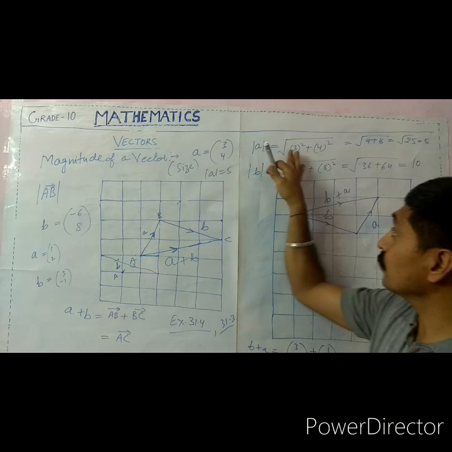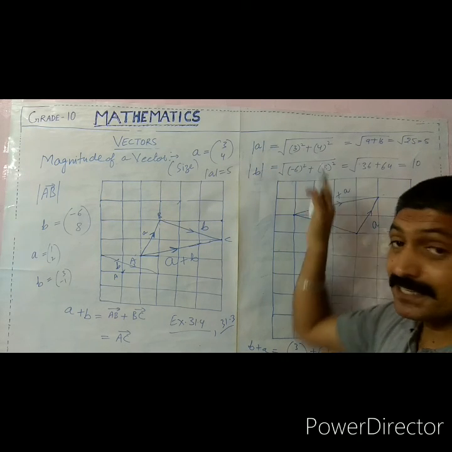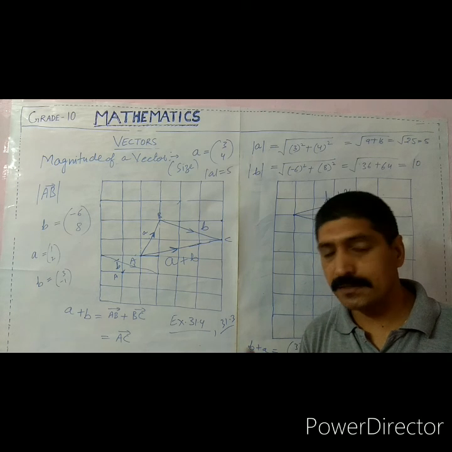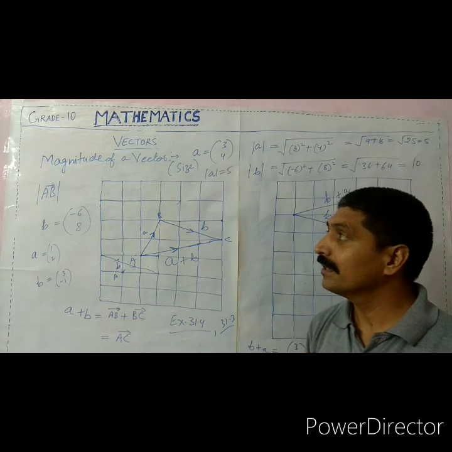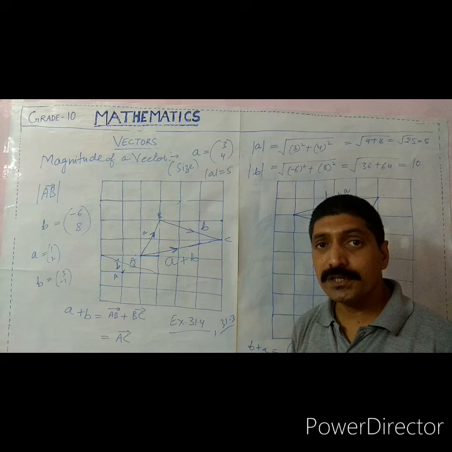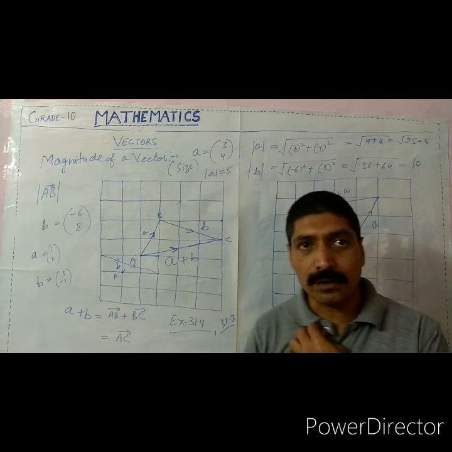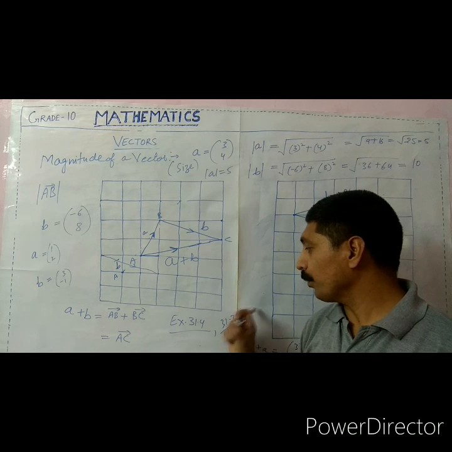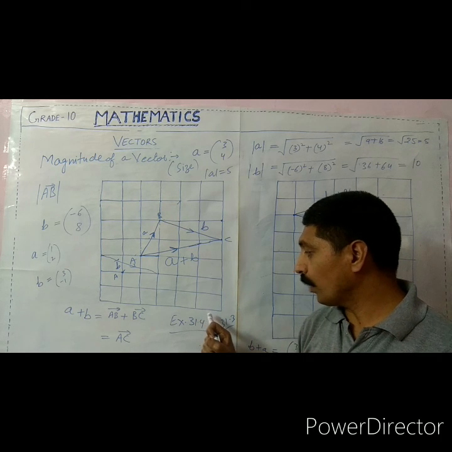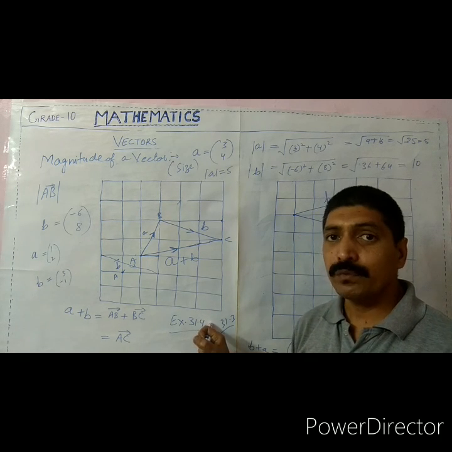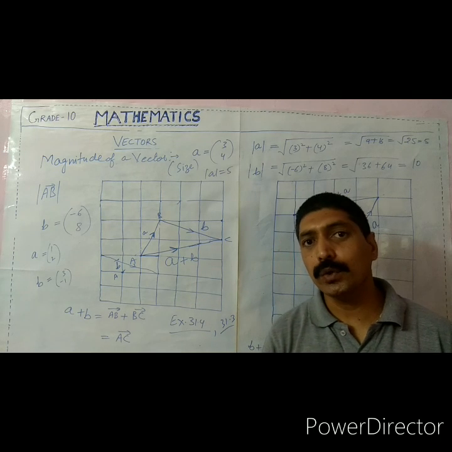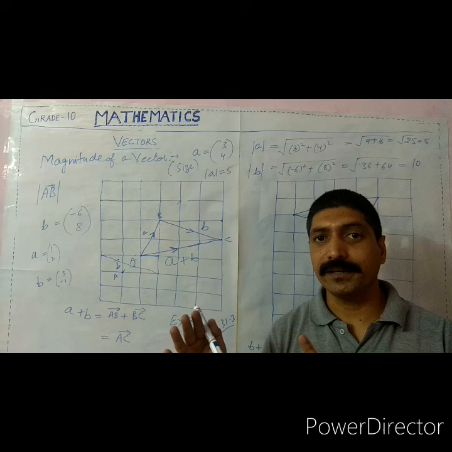The magnitude of the vectors, as I have discussed, is the size of the vectors, meaning the length of the vectors. So dear students, today you can go for these two exercises, exercise 31.3 and 31.4. We have left only one topic, that is vector geometry.